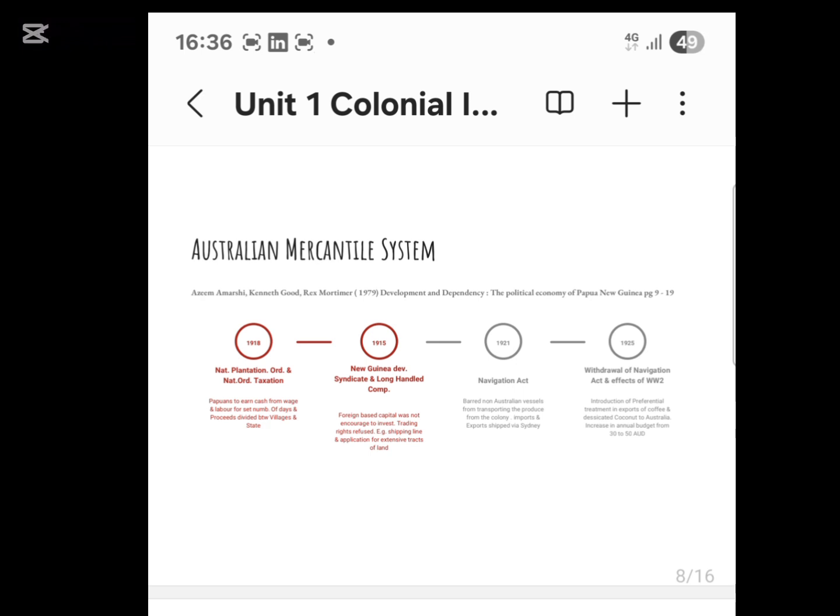Now, why is this act important? Because this requirement to have a wage ensures that you pay taxes to the government. And that way the colony or the territory can generate revenue or income. And the other example is the New Guinea Development Syndicate or Long and Company, I believe, yes.